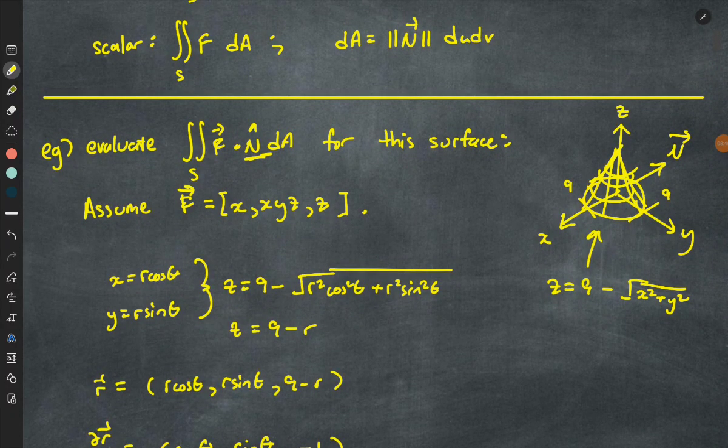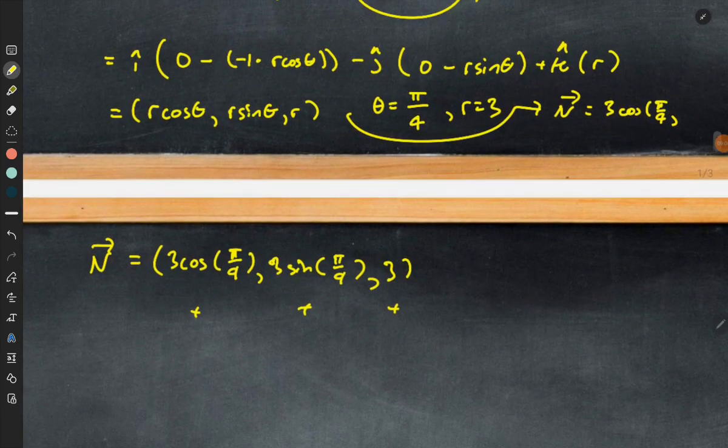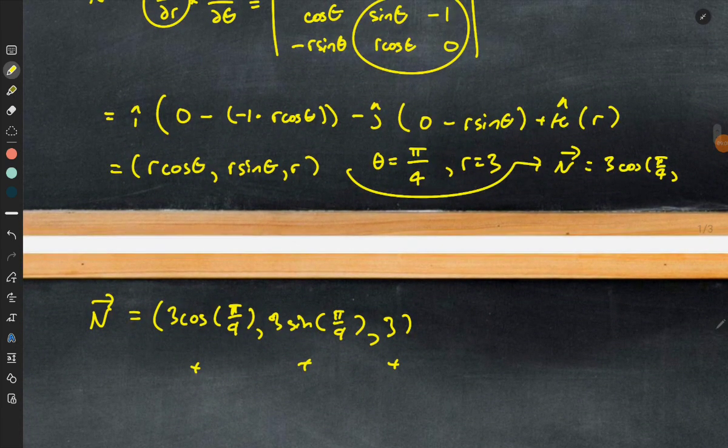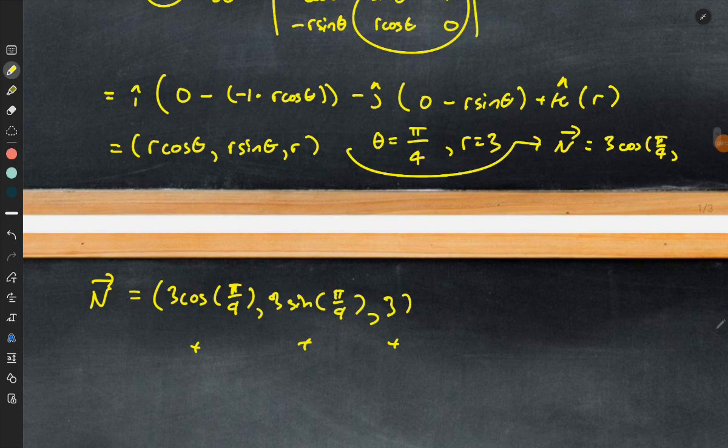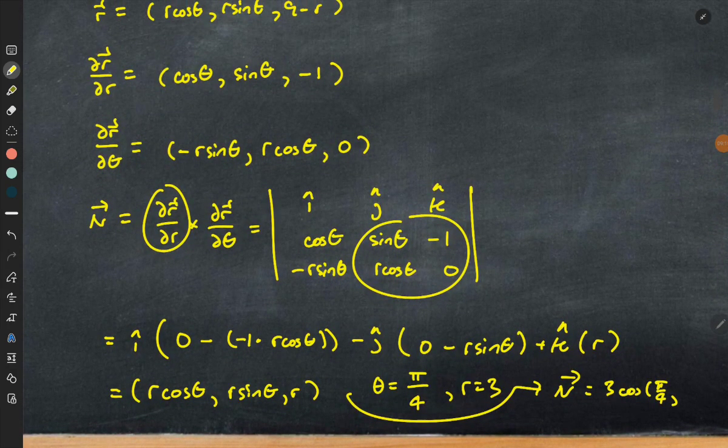By looking at our surface, a normal vector in this quadrant with positive x, positive y, and positive z should be pointing into the page, meaning the normal vector is pointing outwards. So we've verified that this normal vector is pointing outwards. Okay, things are great.